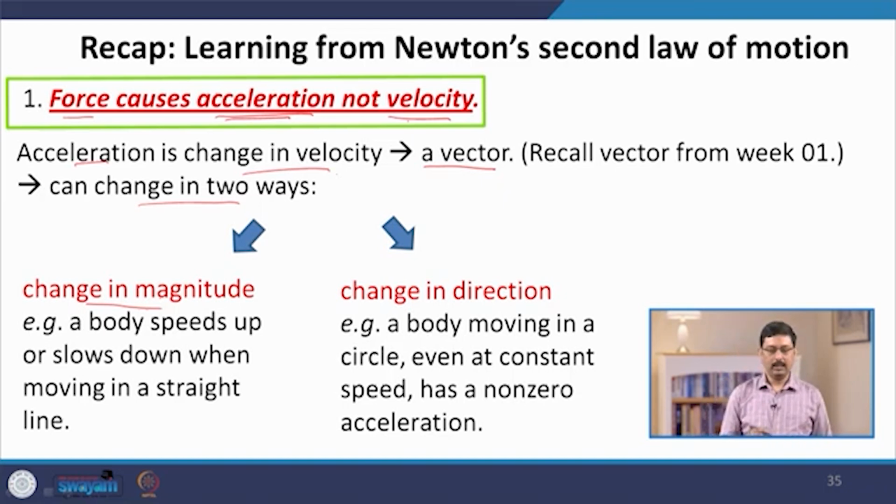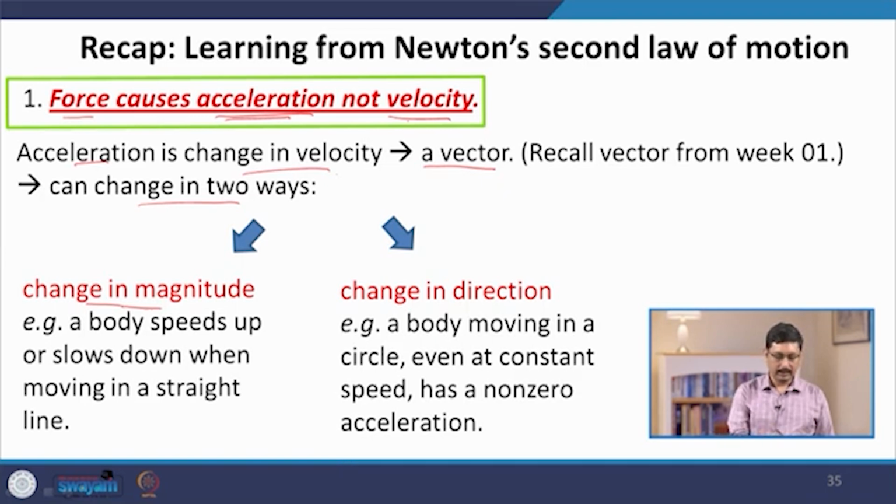For example, a body moving in a straight line that speeds up or slows down. If you drop something from the air, it follows a straight line, but its speed increases as it goes downwards. Similarly, if you throw something vertically upwards, its speed will decrease during its climb without changing direction.